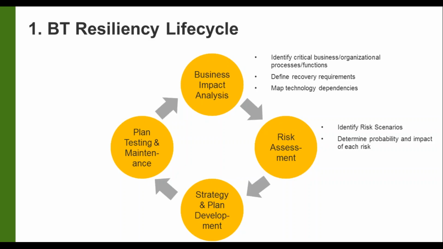The next step in the life cycle is risk assessment. Enterprise risk assessment groups would typically drive the risk assessment, and they would focus on operational risks. The resiliency team should run a risk assessment focused on the technology risks, and these two are different. I'll quickly touch upon these two as well.